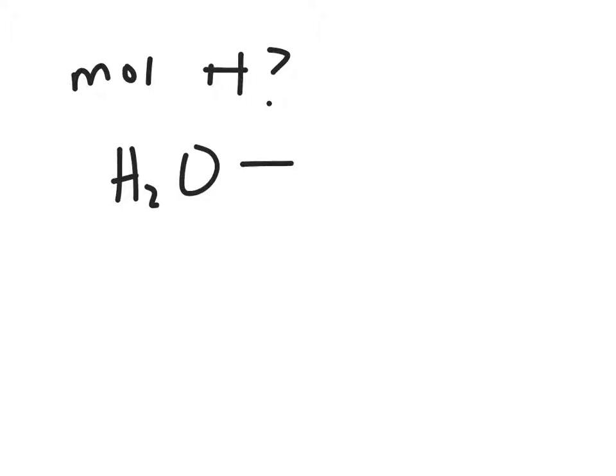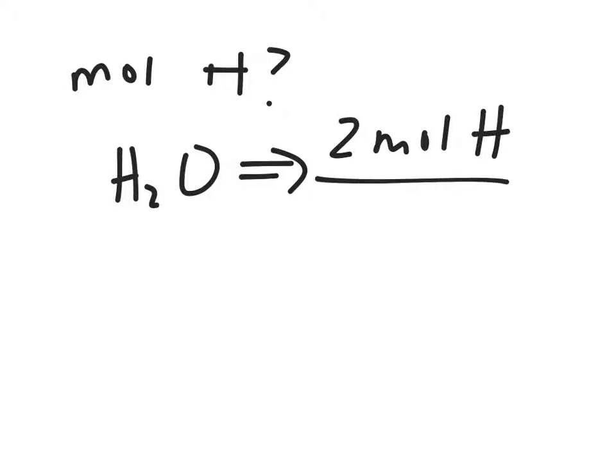And then you should consider, how would that calculation have changed if instead of wanting to know moles of oxygen, you wanted to know about moles of hydrogen? So hopefully what you recognize is that based on the chemical formula of water, we know that there are 2 moles of hydrogen for every 1 mole of water that we have.